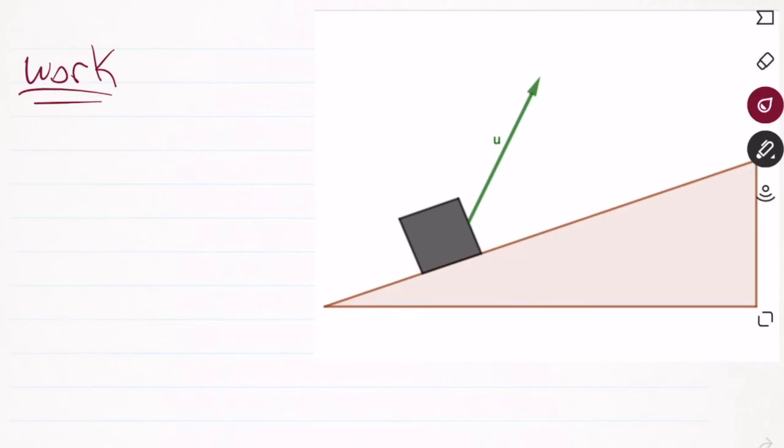So let's talk about work in a strange way. Maybe we're pulling an object up a ramp, like a Radio Flyer, and we're trying to pull it up a driveway. So this is going to be an off-angled motion with an off-angled force in the direction of the motion. One of the lines you want to draw in here is a parallel line that starts where your vector is, going in the same direction as the ramp.